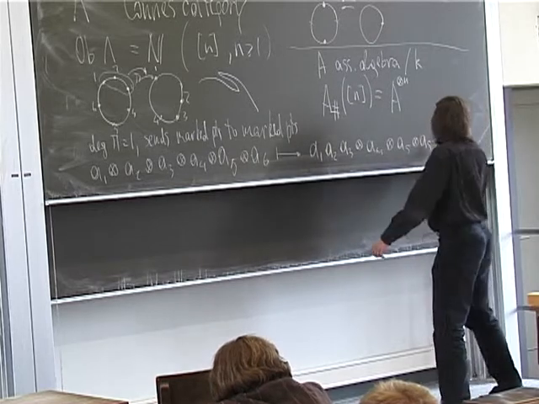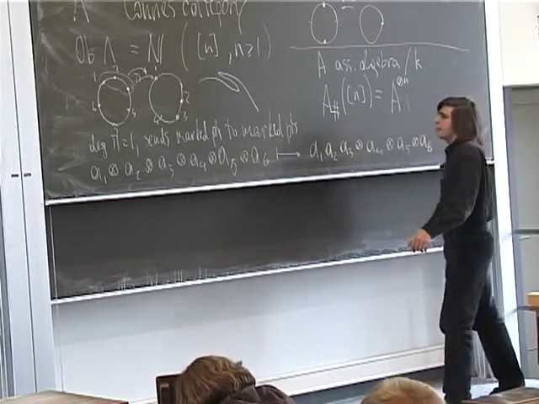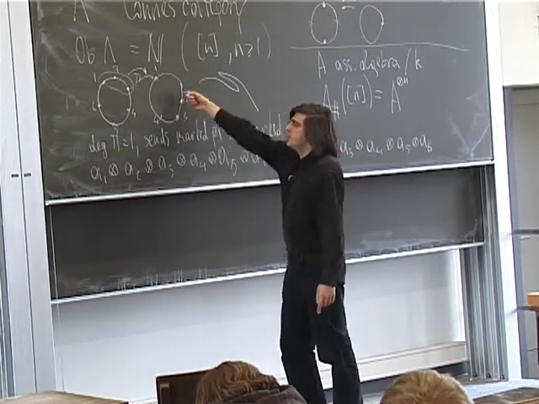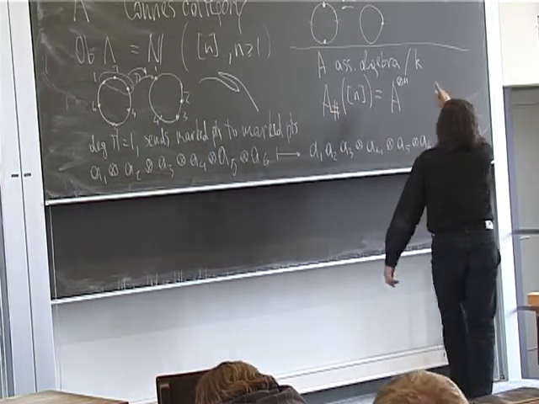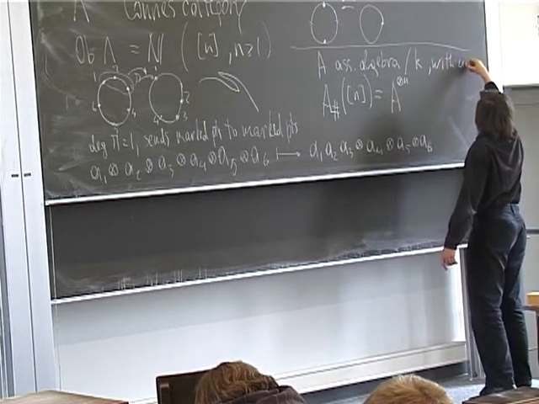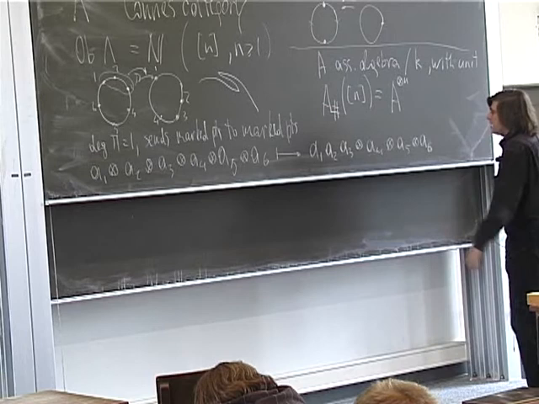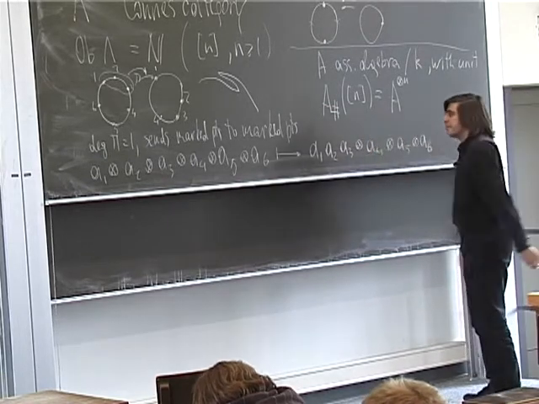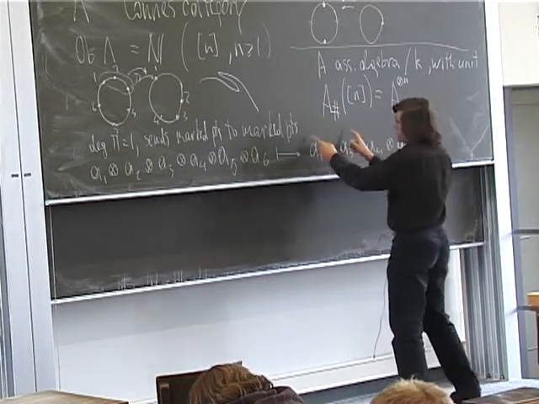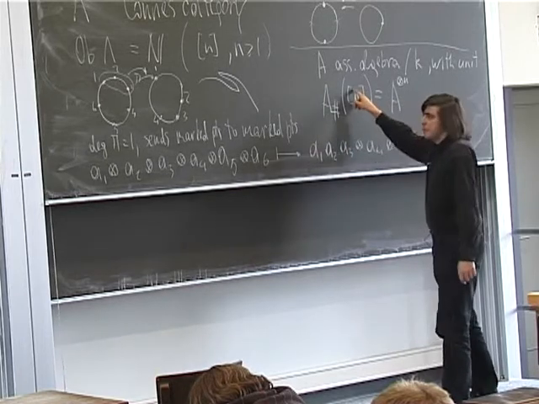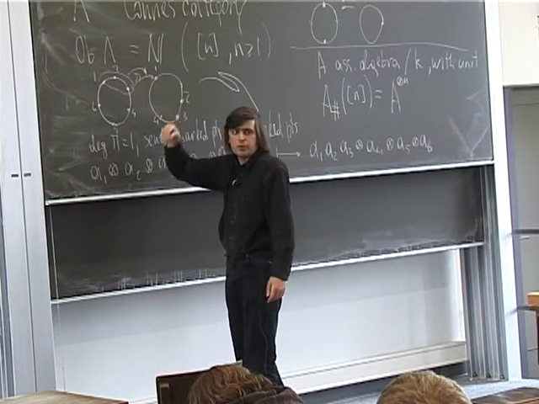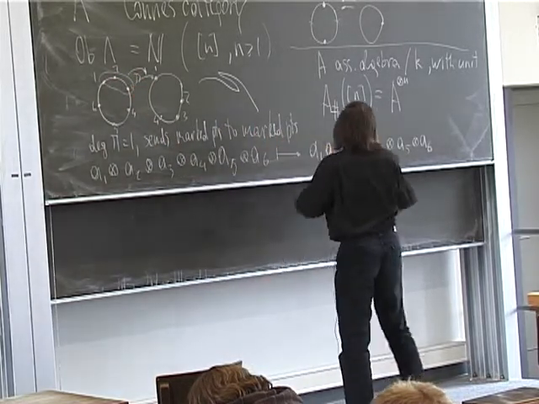So this explains what to do if the map is surjective. But if the map is not surjective on points, so some points in the image are omitted, then, and I need one condition which I forgot here, so this is an algebra with unit, then we just plug unity here, just plug 1. Okay, so since the algebra is associative, things like this are well defined. The algebra is not commutative, but you might notice immediately that for any point we have a natural order on the preimage. So we know in which order to multiply things. So there is this functor.